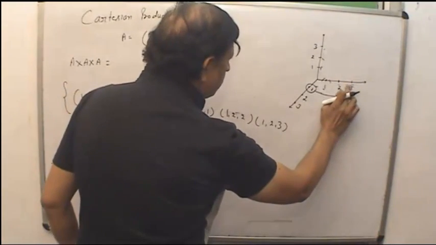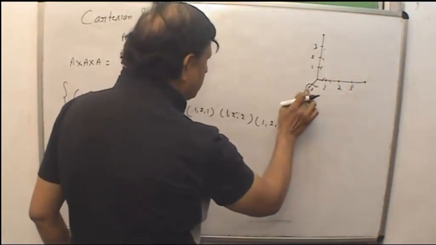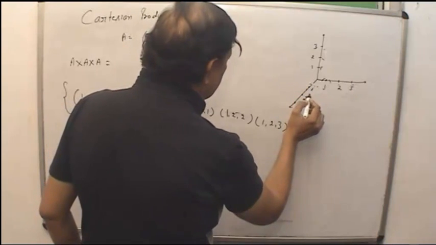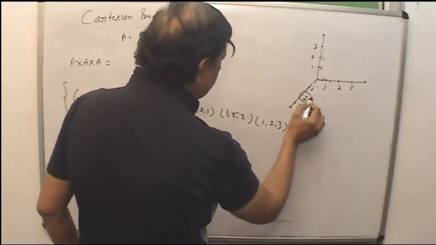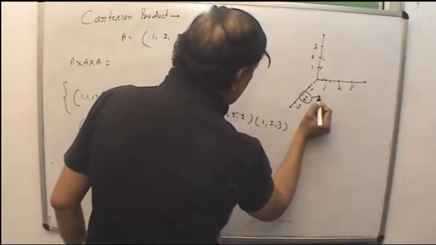Again, we change the first member to the second member of the first axis, and again we start from the beginning.